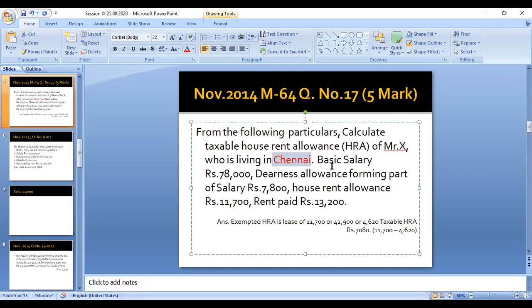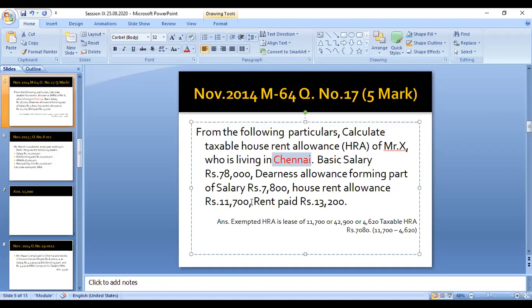Dearness allowance, DA, which forms part of the salary, is 7,800. House rent allowance, HRA, is given as 11,700. Rent paid is 13,200.